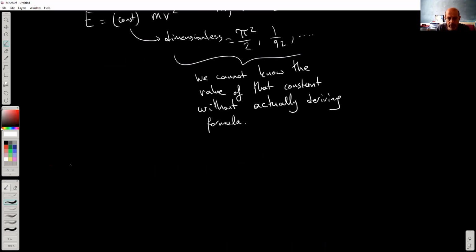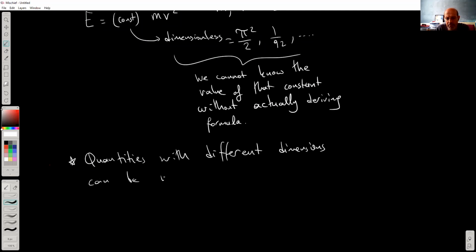Okay, so there are a few rules in writing a formula. We can multiply things. For example, quantities with different dimensions can be multiplied, divided.